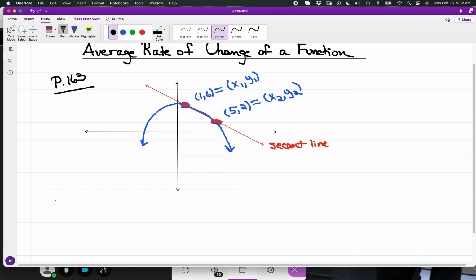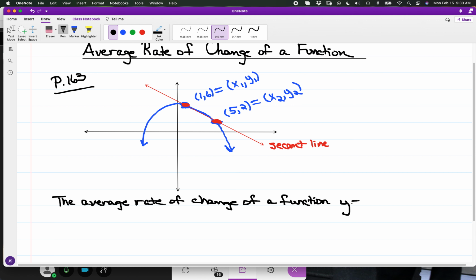Now, for the average rate of change of a function, let's say the function is in the form of f of x, so y is equal to f of x, and we have going from one point to the next.